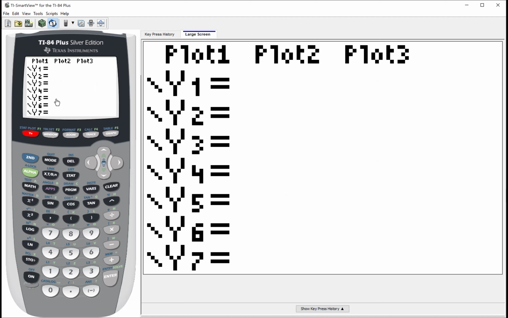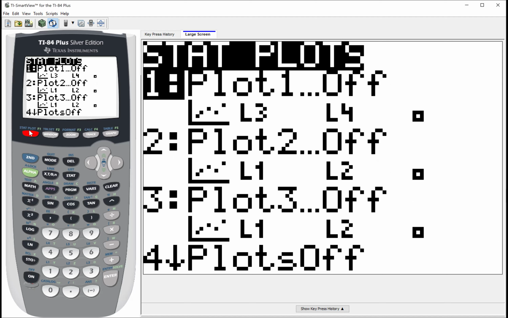And then we're going to press second and then Y equals, because you see in blue above Y equals, it says stat plot. That's where all our statistical plots live. And you'll see we have 1, 2, 3 plots here. By default, if you haven't used any of these yet, they're all going to be off.